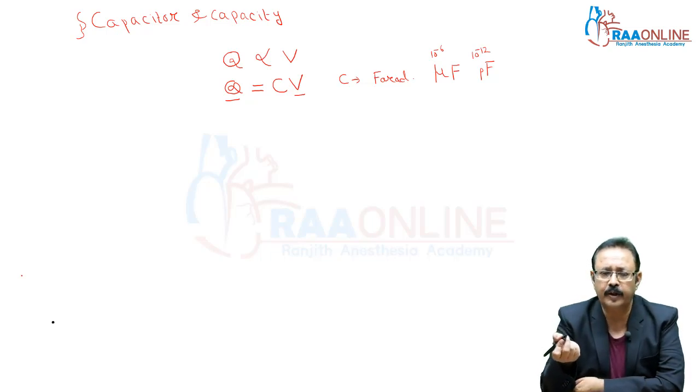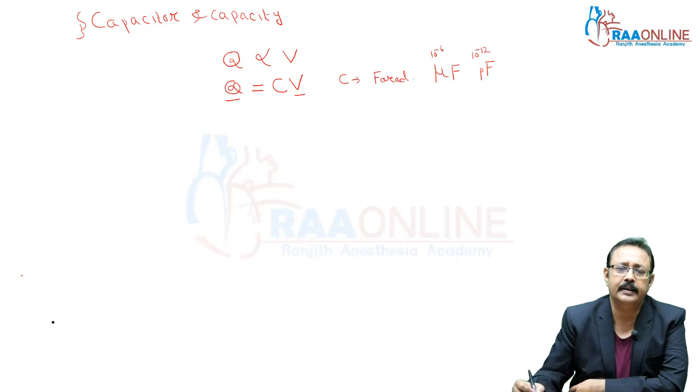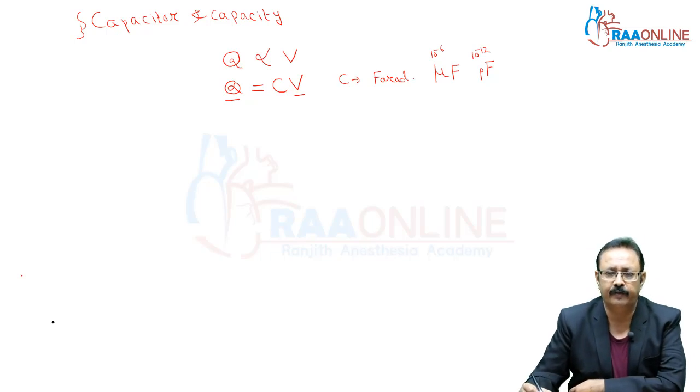Dimensions you can calculate from this. Its SI unit is farad, and what I told you, for the CGS unit put stat in front of it. So what you will get? CGS unit. In 1 farad there are 9 into 10 to the power 11 stat farad.